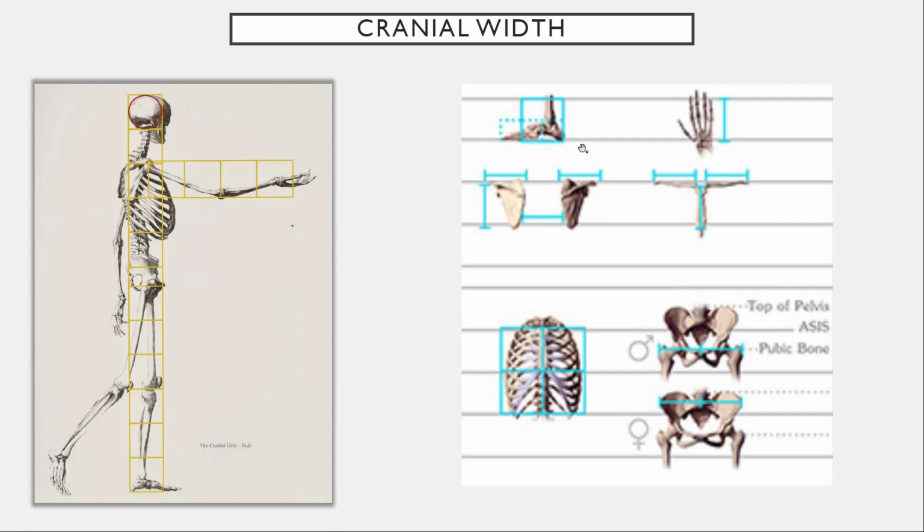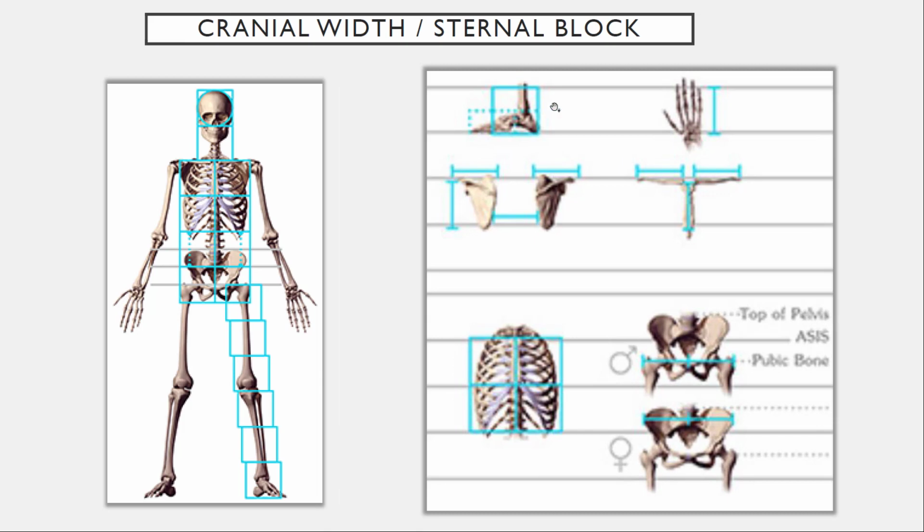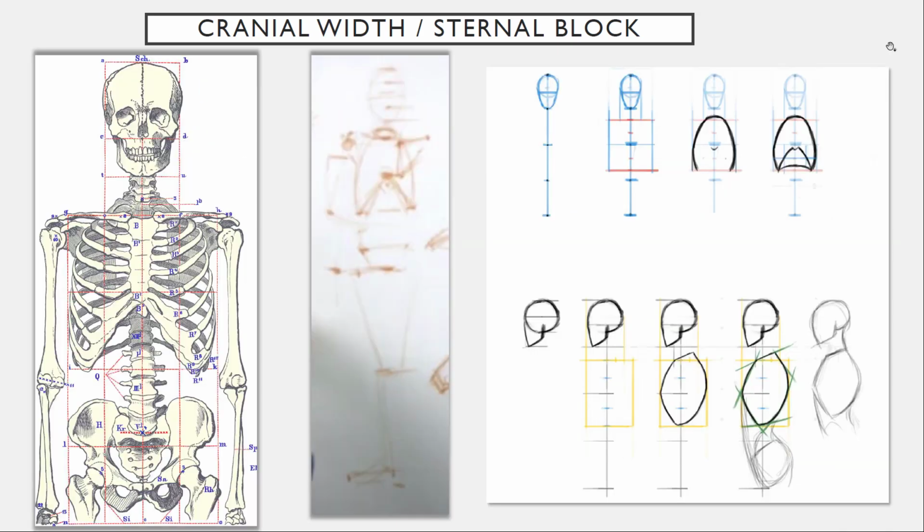Once you have a measurement, you can start to assess if other parts of the body are bigger or smaller. Basically, if you just think about the width of the head, take a measurement, and look for other relationships, which is what proportions are, relationships of different parts.